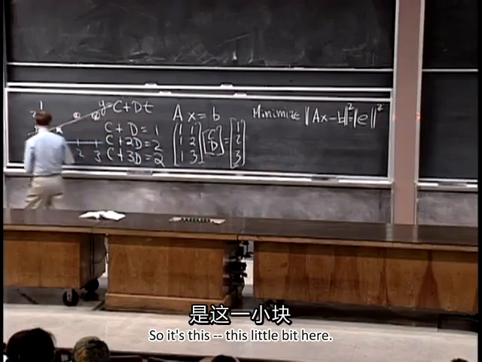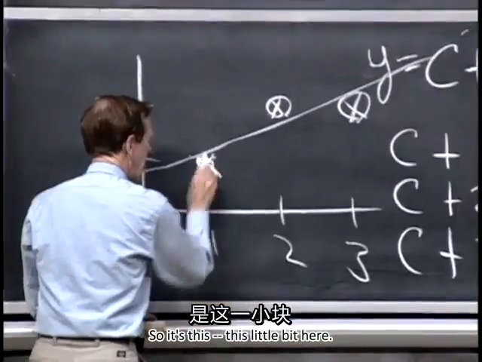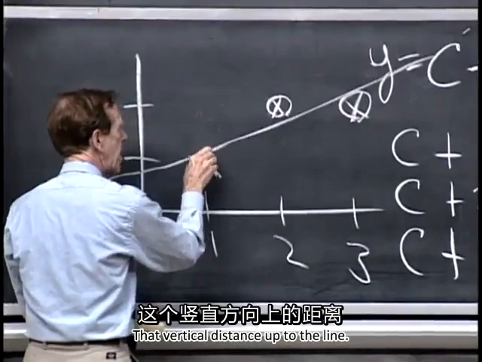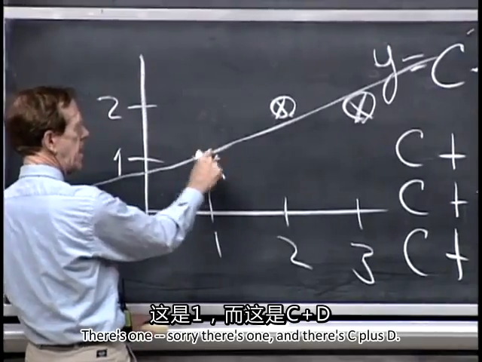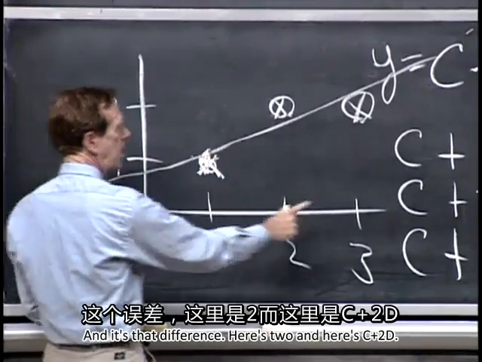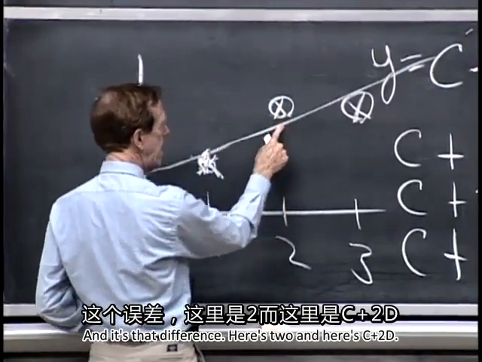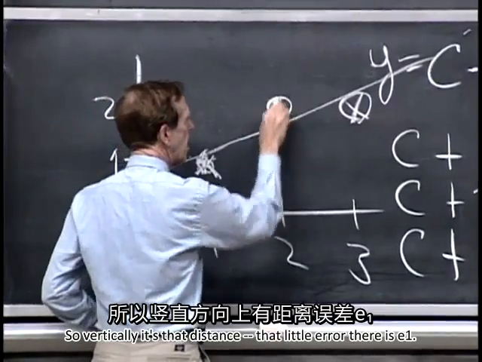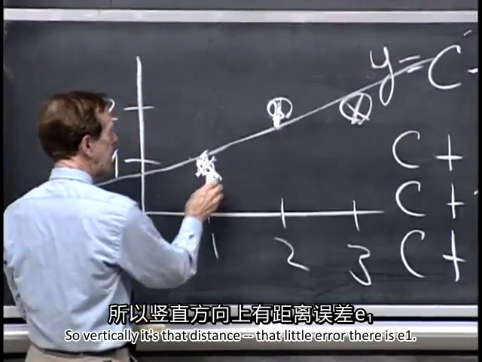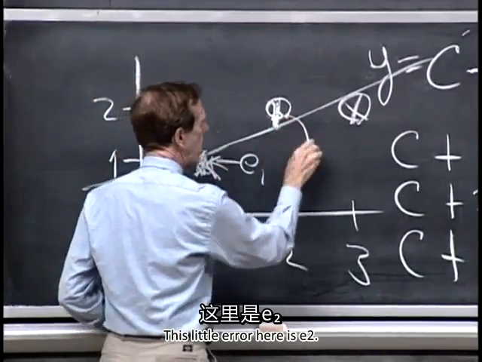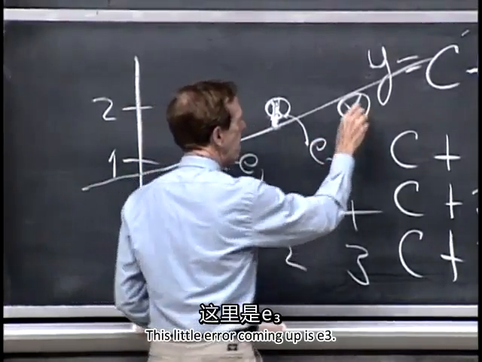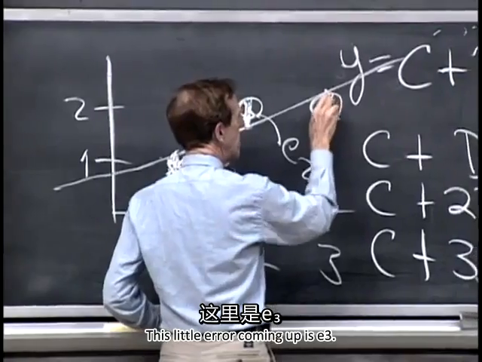So it's this little bit here, that vertical distance up to the line. There's 1, there's 1, and there's C plus D, and it's that difference. Here's 2, and here's C plus 2D. So vertically, it's that distance. That little error there is E1. This little error here is E2. This little error coming up is E3.